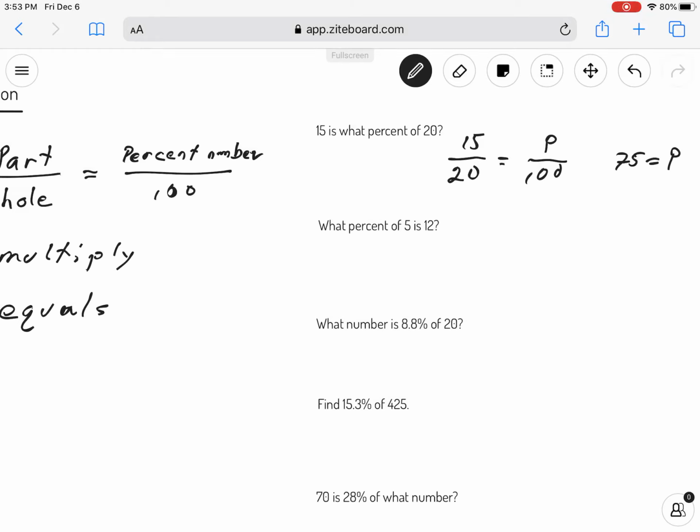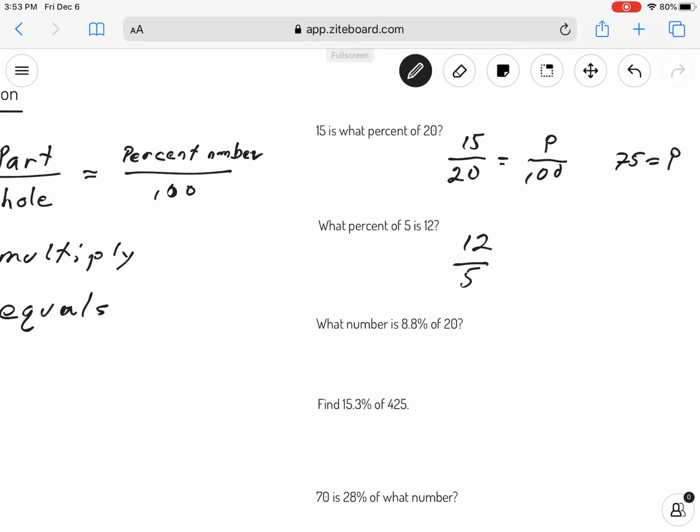Okay, so now it says, what percent of 5 is 12? In this case, I'm multiplying the percent times the 5, I want it to equal 12, but really what they're saying is that my whole is 5.